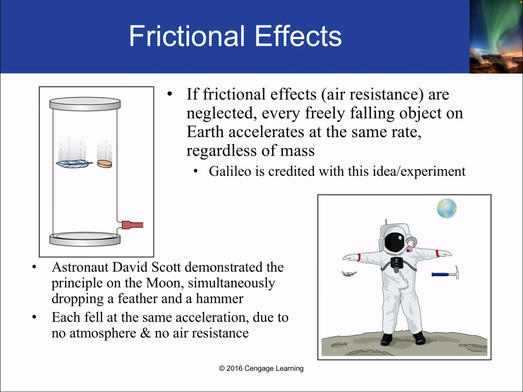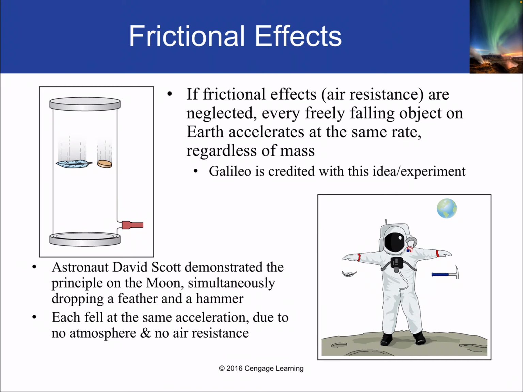Now we also have some frictional effects that we have to consider. So the frictional effect that we usually consider is air resistance. Now if we could neglect air resistance, then everything would fall at the same rate, regardless of what mass it had.